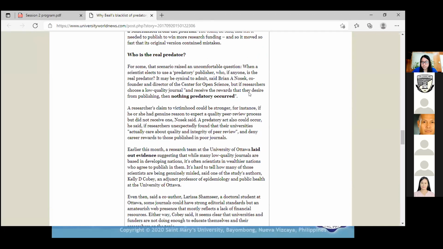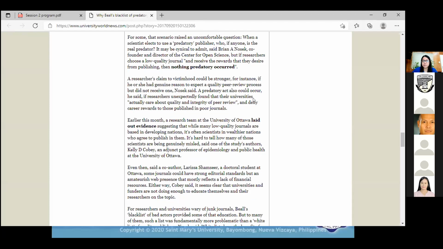If the researcher chooses to publish his paper in a low quality journal, the reward of publishing it is there, so he thinks that he is fulfilled.